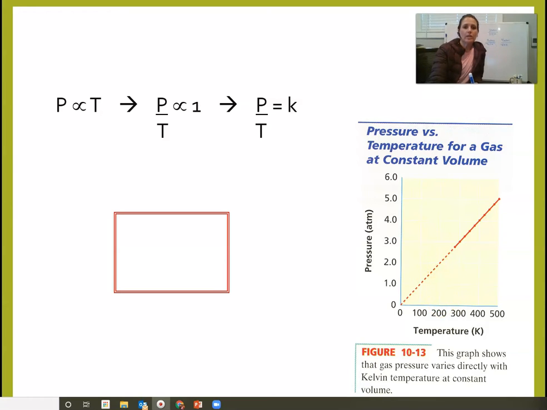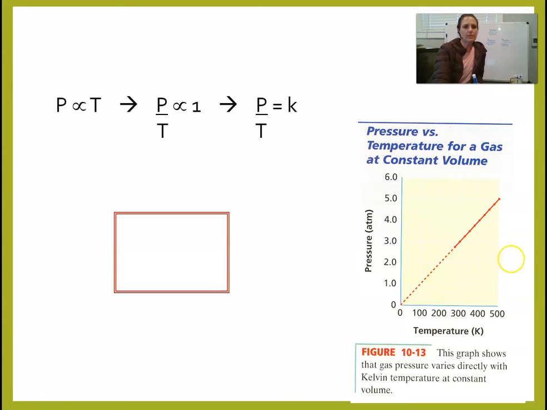So we see this ratio remaining the same, the same slope of the line, same rise over run, just like we saw in Charles' law. And because of that, we can derive a relationship between pressure and temperature: P1 over T1 equals P2 over T2.